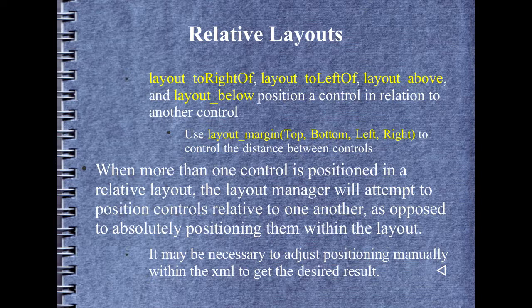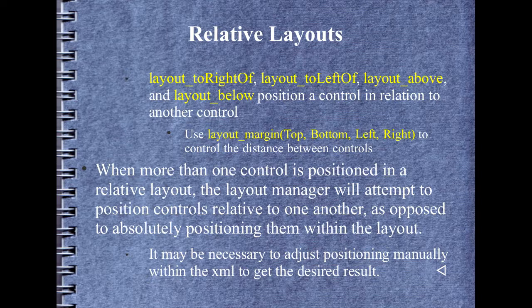This is almost a bug in the layout manager. So what happens is we can set things up graphically, but at some point some things will stop working. So it might be necessary, and it will be necessary in complex layouts, to adjust the positioning manually within XML to get the desired result.